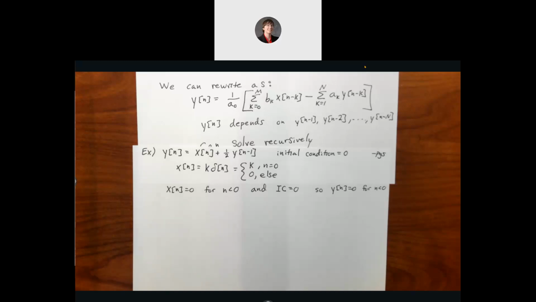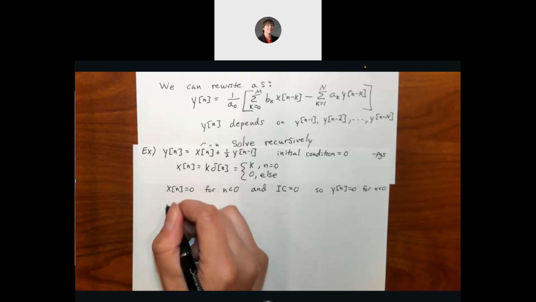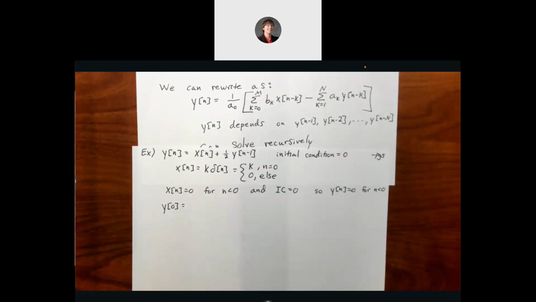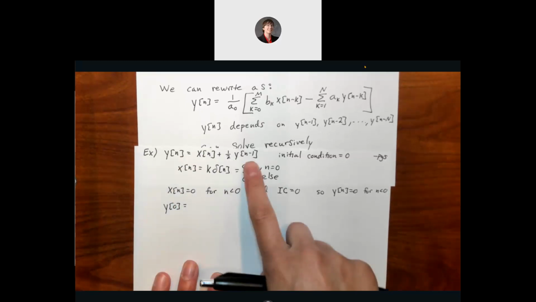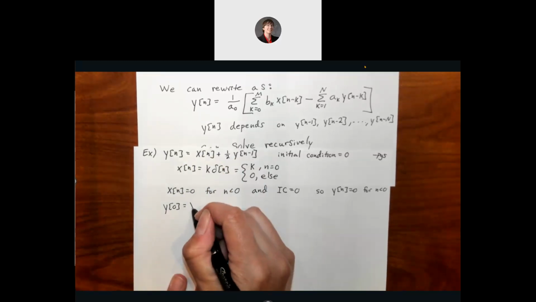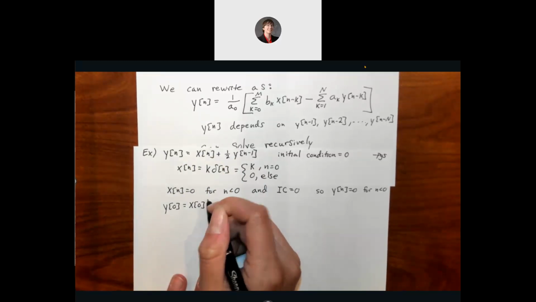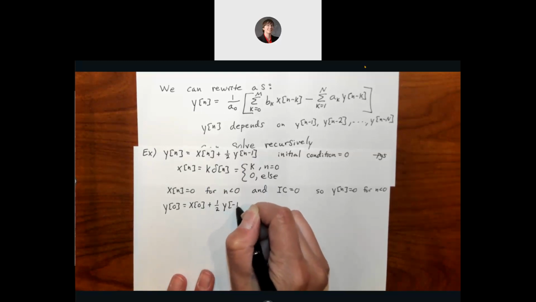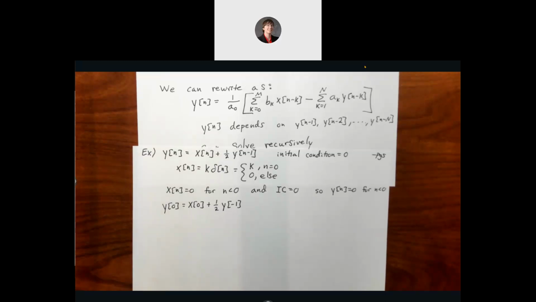So what we start with then is when n is equal to 0, we wonder what is that output y. Well, if we look at our equation here, when n equals 0, we have x of 0 plus 1/2 y of minus 1.